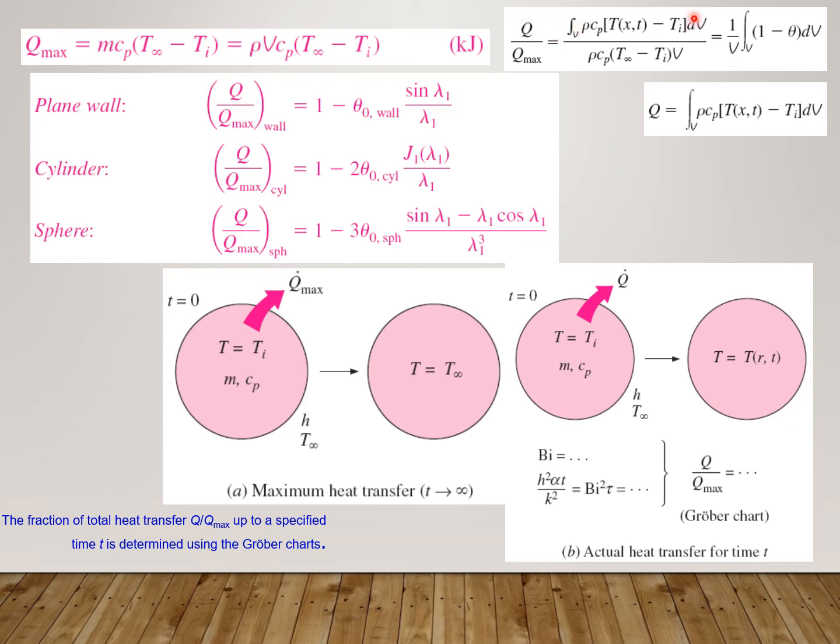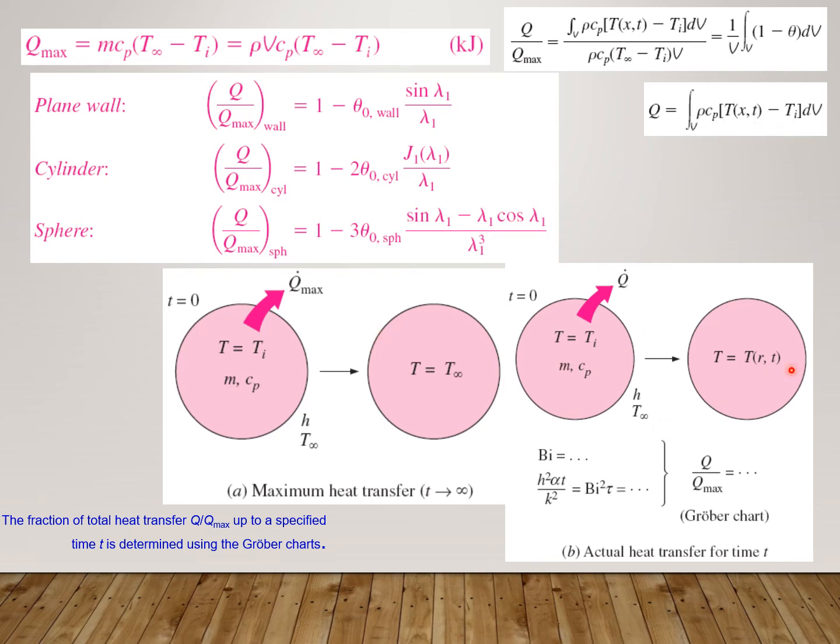So we derive a generalized formula. Q upon Q max is equal to the integration over V of rho Cp times T of x comma t minus Ti upon rho Cp times T infinity minus Ti dV, which is 1 upon V times the integration over V of 1 minus theta dV. So it comes out to be Q is equal to the integral of rho Cp times T, which is a function of x comma t, minus Ti dV.